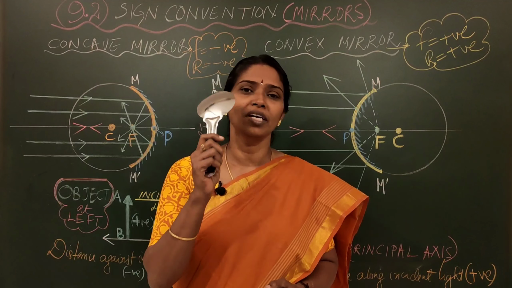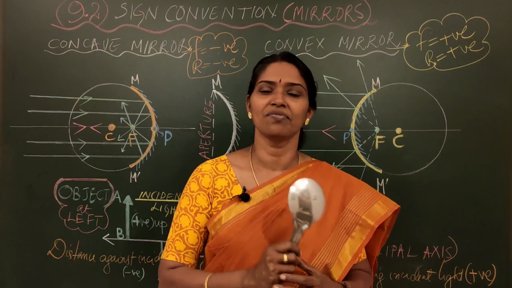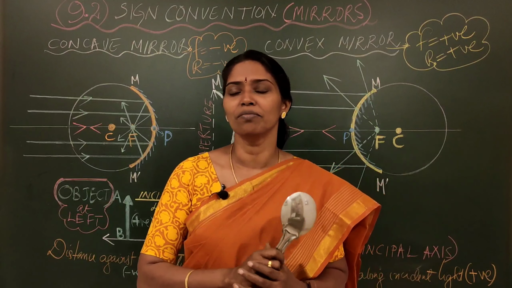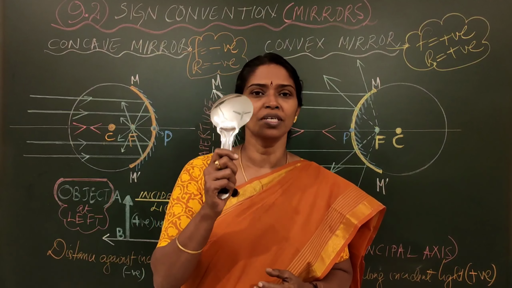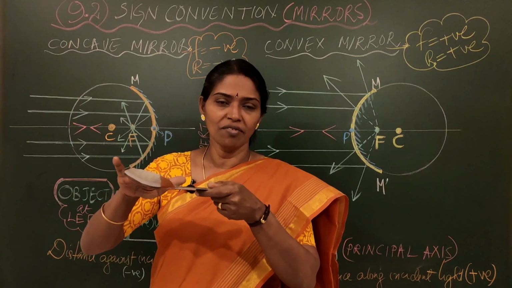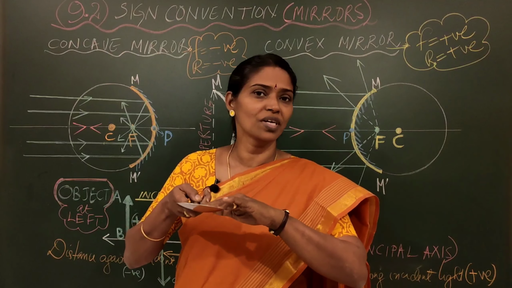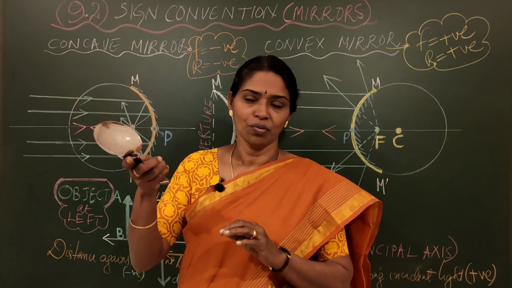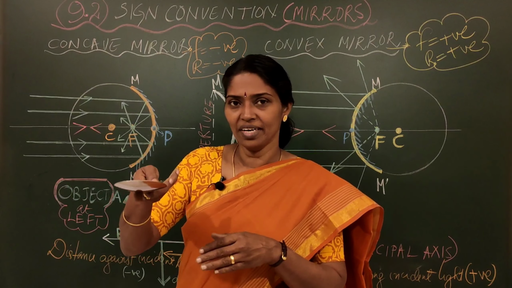With this spoon, you can clearly understand why you have variations in curved or spherical mirrors. So this is a spoon, just hold it in this manner. You have two surfaces, one which you use as the serving space, where you can have rice or whatever you want.